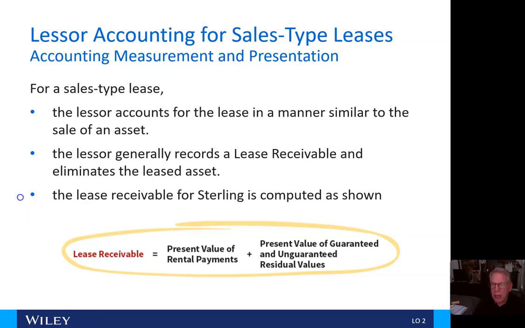And number 3, the lease receivable is computed as shown. And here's the formula. The lease receivable is equal to the present value of the rental payments plus the present value of guaranteed and unguaranteed residual values.